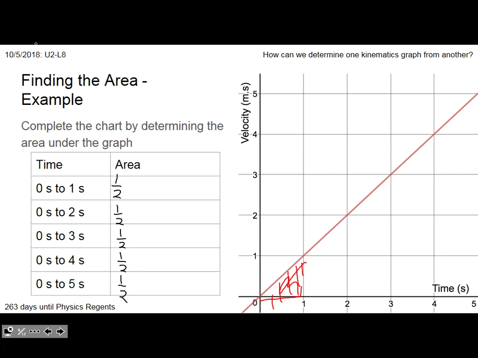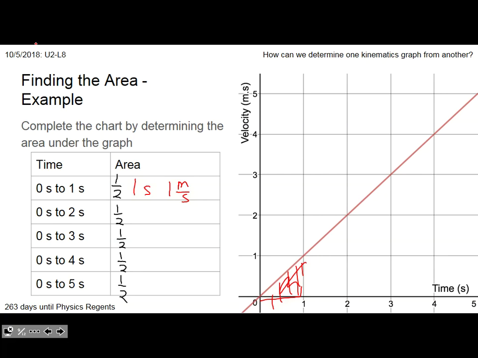So from 0 to 1 seconds, what is the width of our triangle, or the base of our triangle? 1, in the unit seconds. What is the height of the triangle? 1 meter per second. So let's see, a half times 1 second times 1 meter per second.